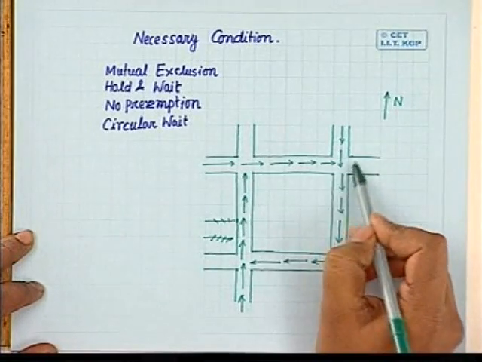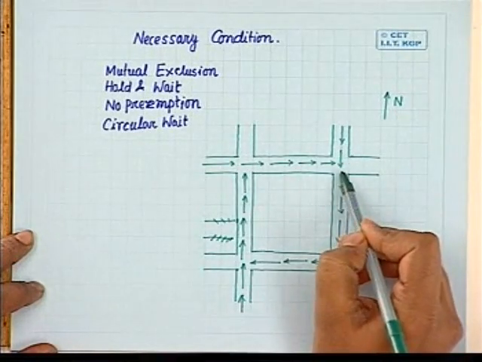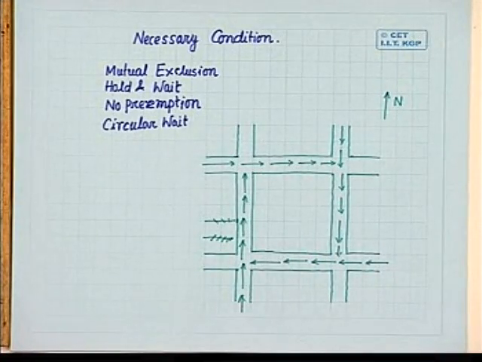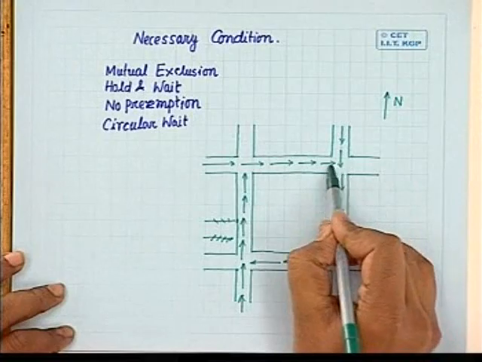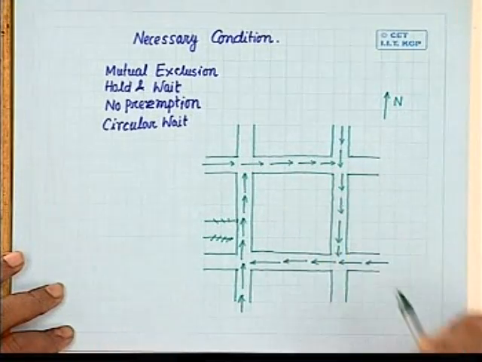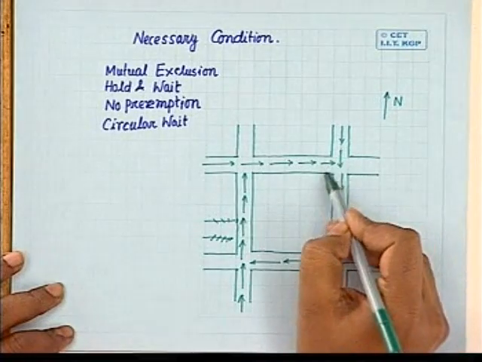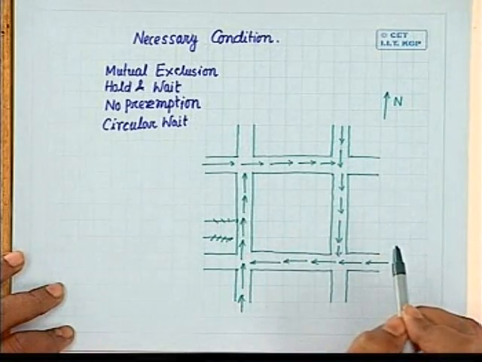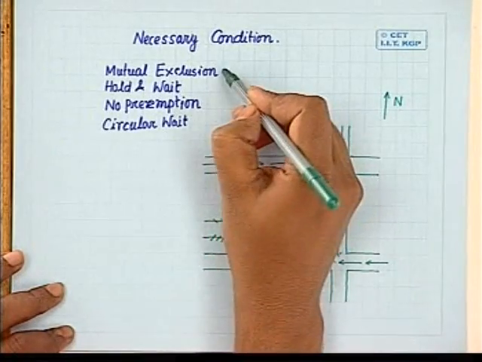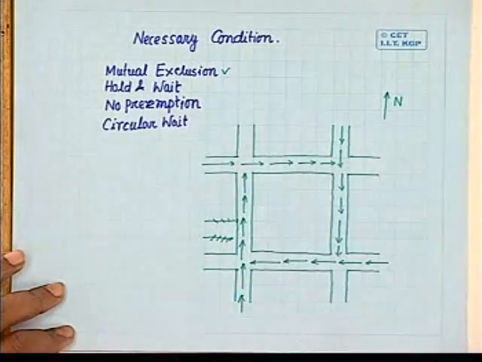So on each of these junctions, traffic can move only in one direction at a time. I cannot have traffic moving in both the directions. So here I cannot have traffic moving in the east direction and traffic moving in the south direction simultaneously. That means the use of these junctions are mutually exclusive. So this mutual exclusion is present in this example.